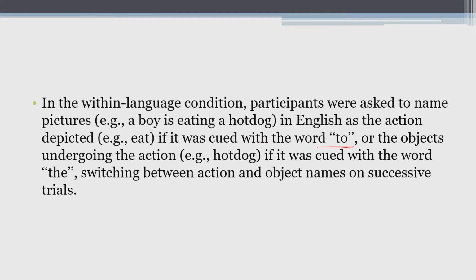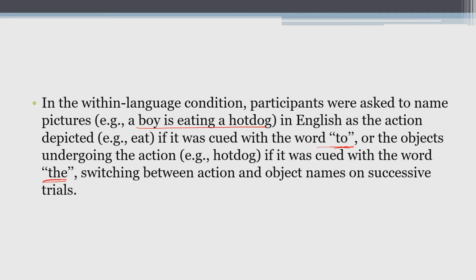In this particular case the boy is eating a hot dog. What is the verb here? How do you know you have to say the verb? By using the cue to. So, when the word to comes, the participant had to say eat. However, if the cue word was the, then they have to name the object, what was being eaten. So, in this case the hot dog. This was how the experiment was conducted.